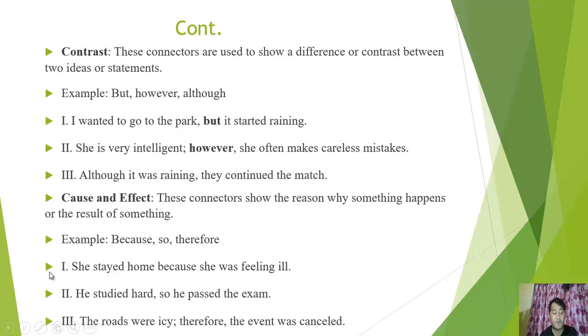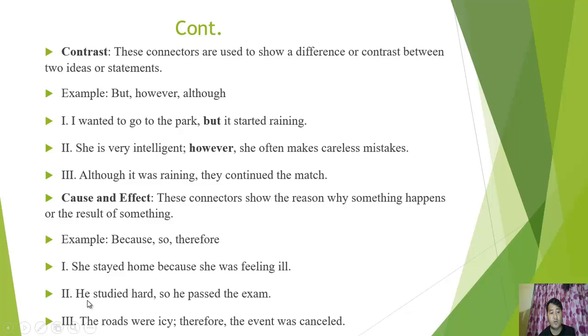Okay. Firstly, she stayed home because she was feeling ill. It is reasoning out why she stayed home, because she was feeling ill. So here the because connector is used to join or reason out the idea, why she stayed home.